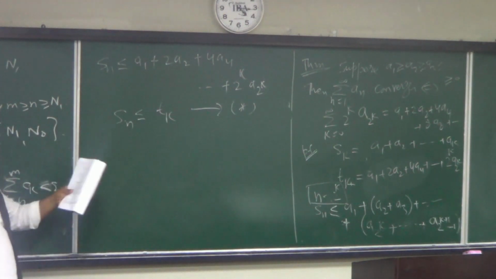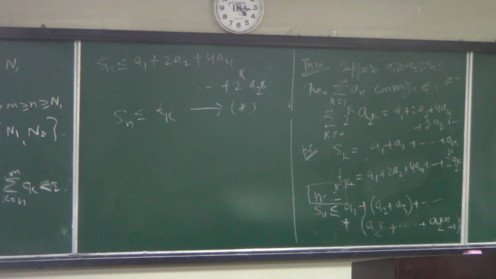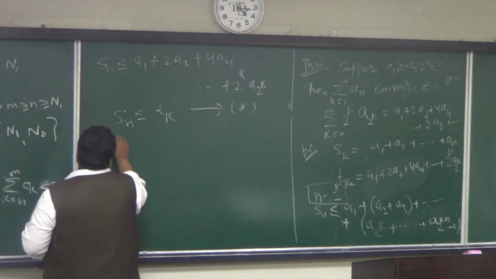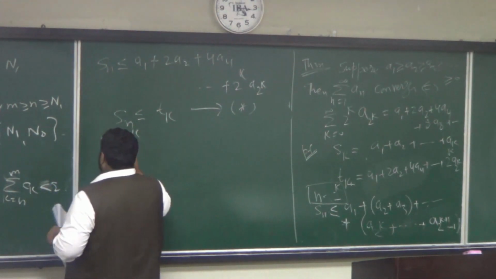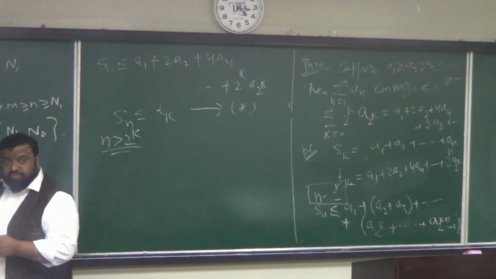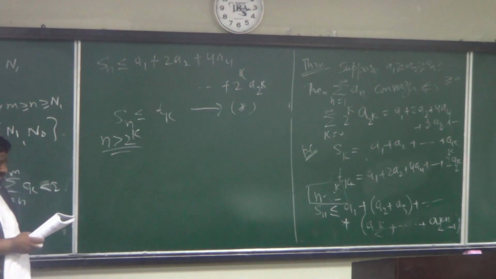So that is the case when n is smaller than 2^k. You can have another case if n is bigger than 2^k.